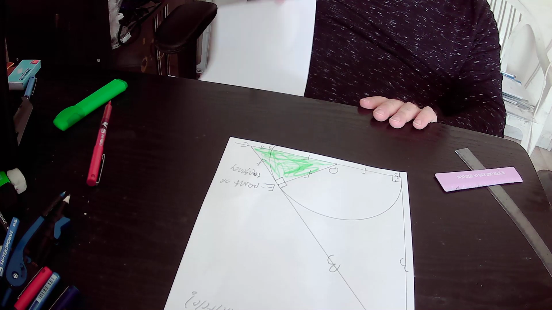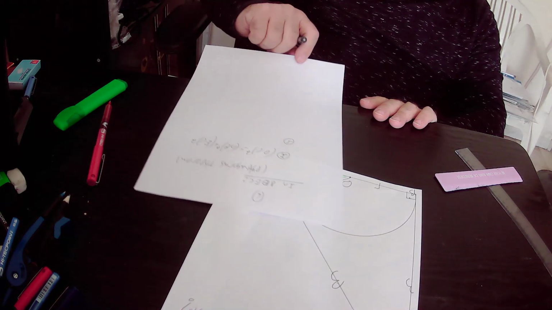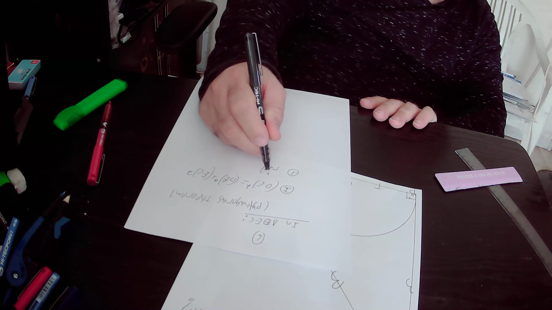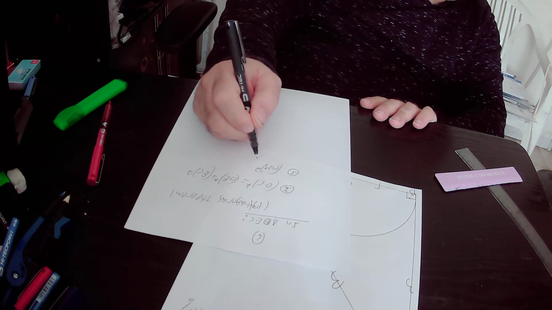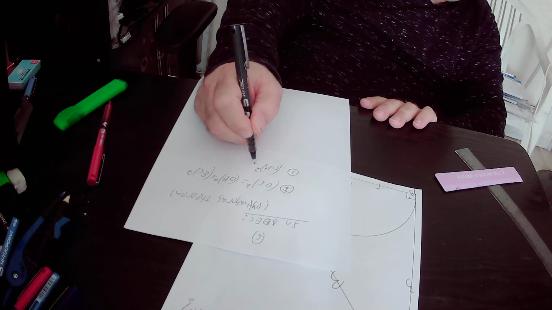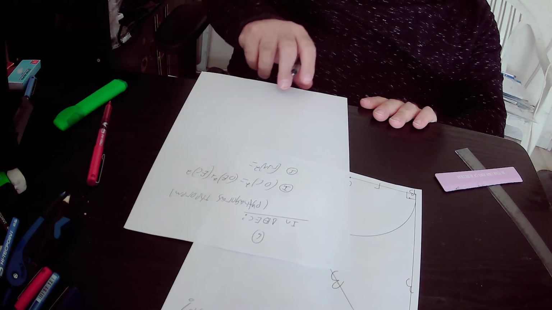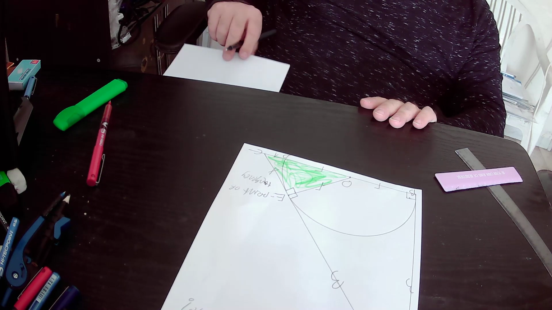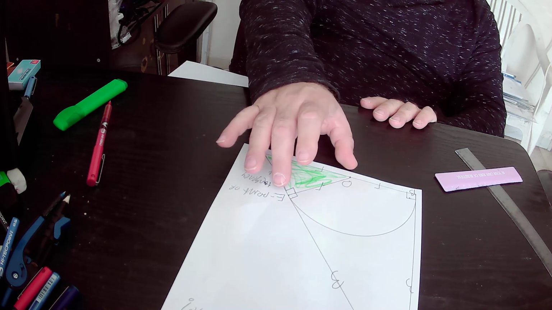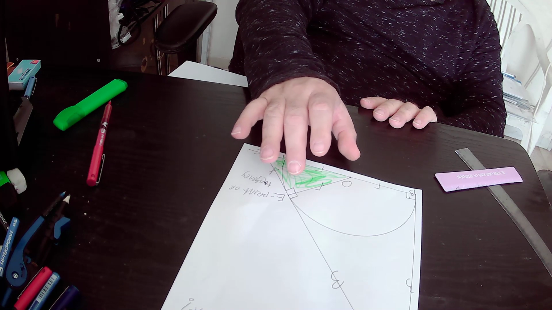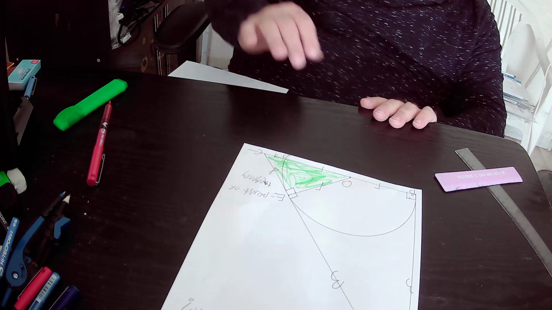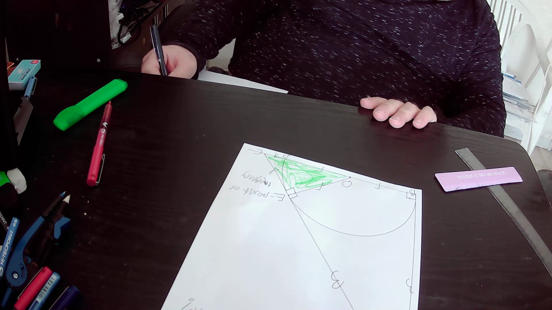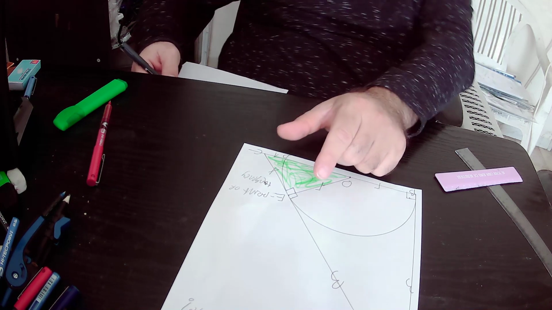So OC square will be equal to (R plus 1) square. And OC square equals OE square plus EC square. What is the value of OE? We have already found out that OE equals R, so OE square will be equal to R square, plus EC square.